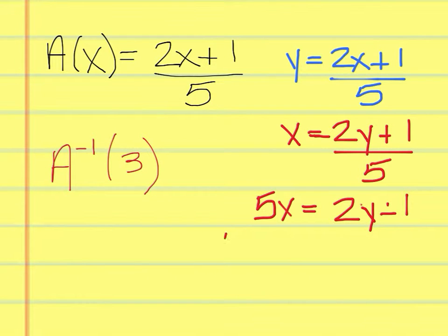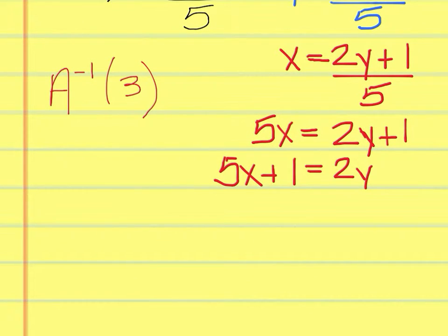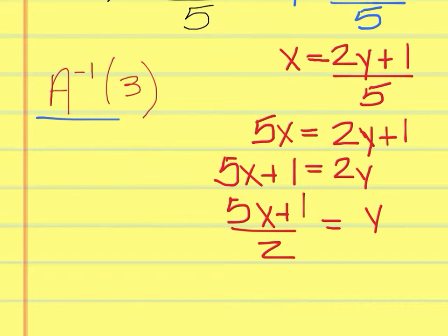Move the plus 1 over to the left, and then divide everything by 2. So there's your inverse. And remember, we have to find the inverse of a of 3.